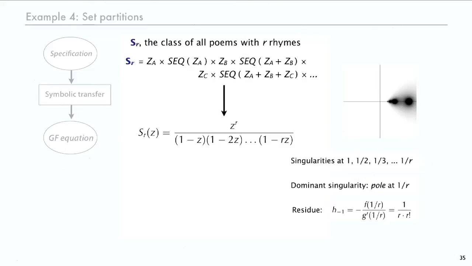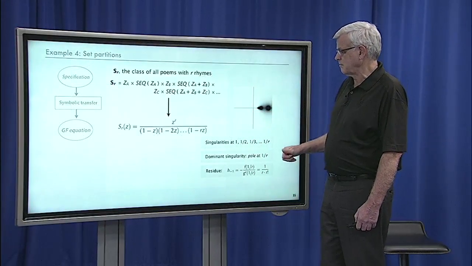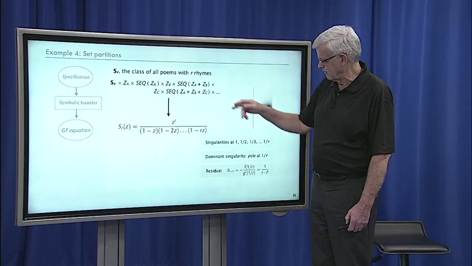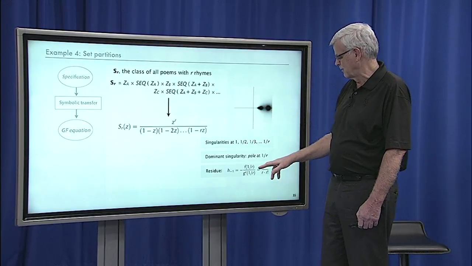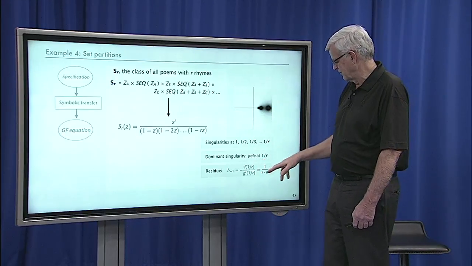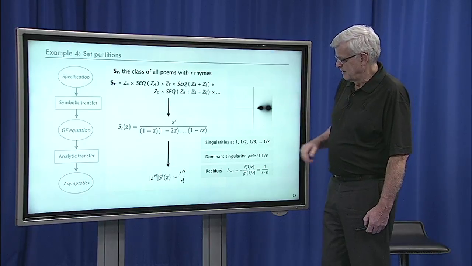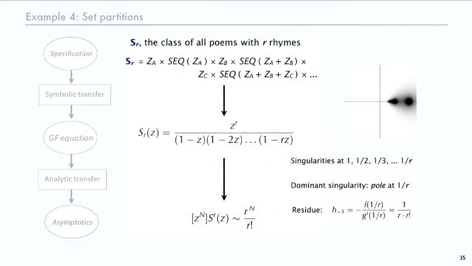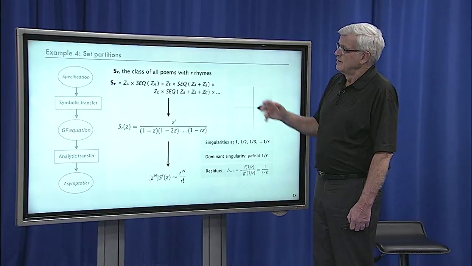And the residue is evaluate the numerator at 1 over R and evaluate the derivative of the denominator at 1 over R. There's a little calculation there involving R to the R's that cancel. The result is 1 over R times R factorial. And that immediately gives the asymptotic growth that the number of poems with R rhymes is asymptotic to R to the n over R factorial.